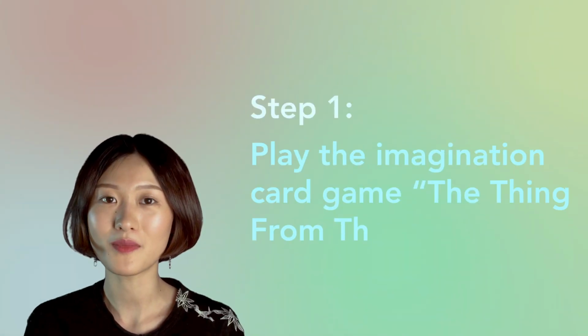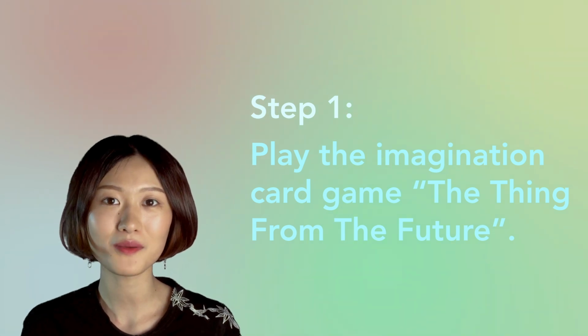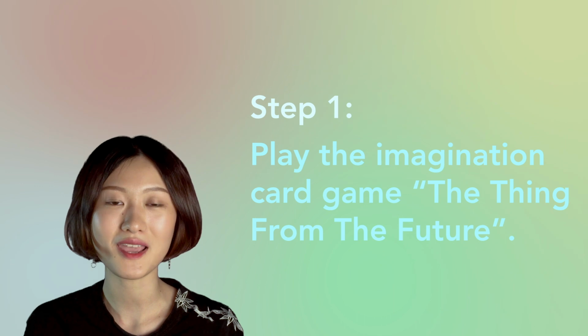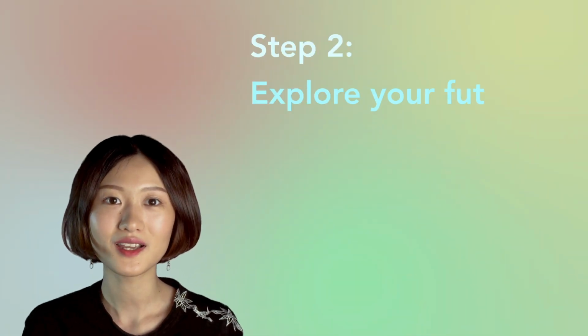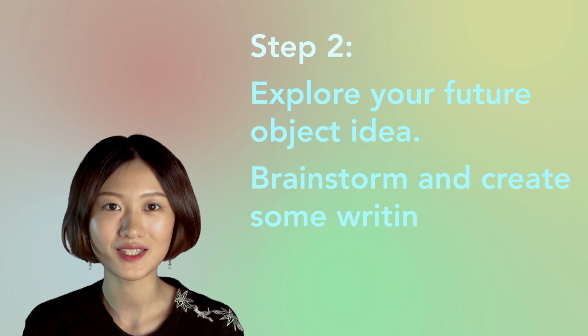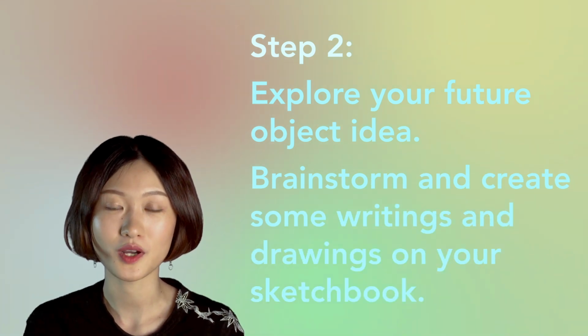Here, we're going to break the project down into 5 steps. First, you're going to play the imagination card game, The Thing from the Future. By the end of the game, you'll come up with a written name and description of your future object idea. Second, you will explore your future object idea, brainstorm and create some writings and drawings in your sketchbook.